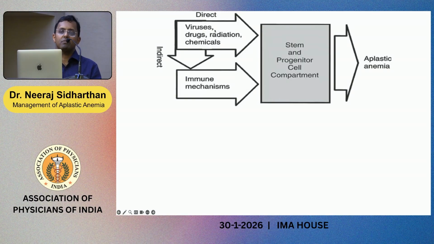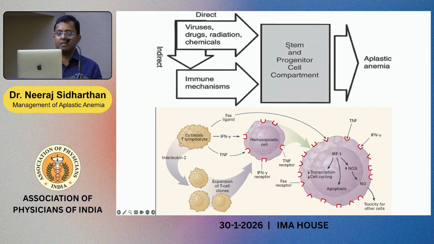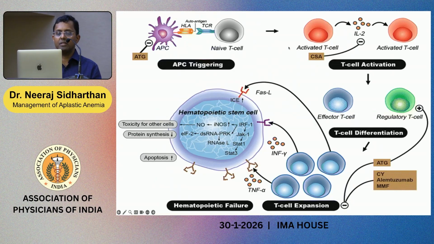And these things, once affected, then trigger some immune mechanism and result in depletion of stem cells. So that's a diagram depicting a lot of T cell mechanisms: T cell activation, differentiation, expansion, and then apoptosis of the hematopoietic stem cells by the T cells.